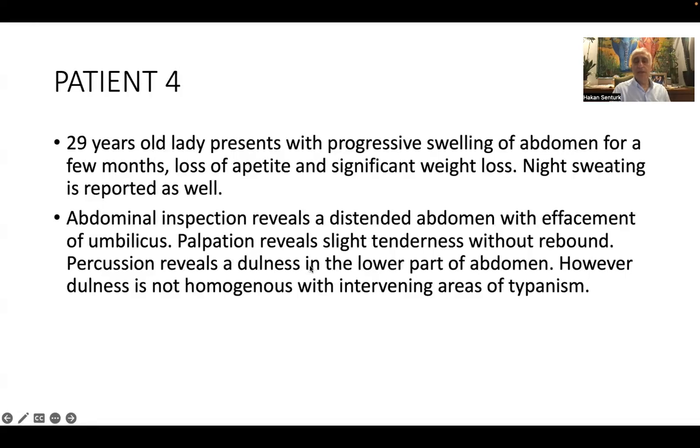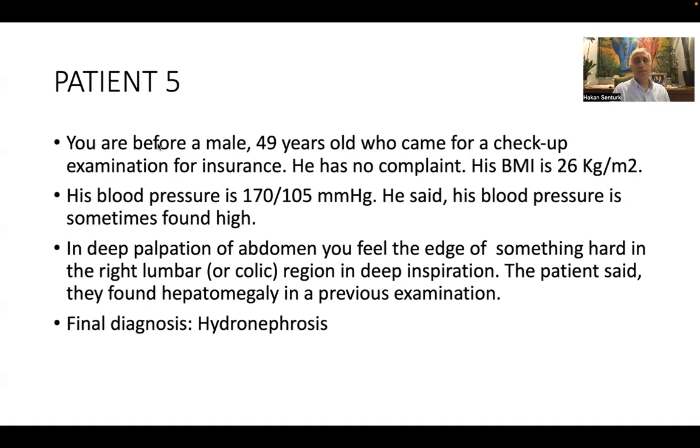Percussion reveals a dullness, which is also compatible with ascites, in the lower part of the abdomen. However, dullness is homogeneous with intervening areas of tympanism. In this patient, the final diagnosis is peritonitis due to tuberculosis. Tuberculous peritonitis. So in a patient with ascites, if there are symptoms suggesting infection, tuberculous peritonitis should be considered.